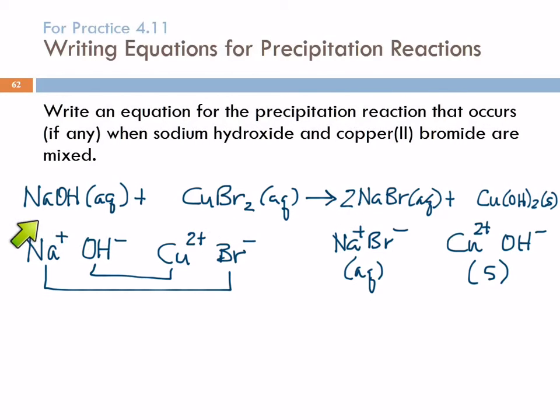Now we have 2 sodiums and only 1 over here. So I'll put 2 over here. And then I've got copper. There's 1 copper and 1 copper. I've got 2 OHs and, oh, cool, 2 OHs. Magic, yeah. So this part down here, I would encourage you to write that, but that's not part of the answer. Any questions?